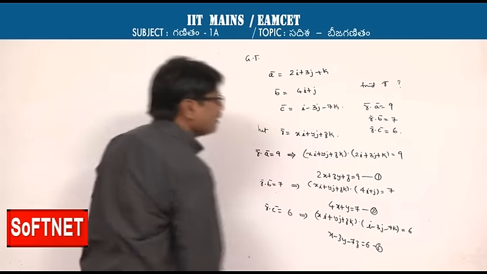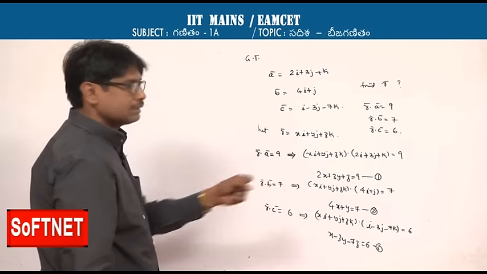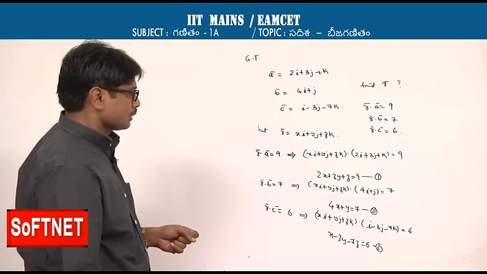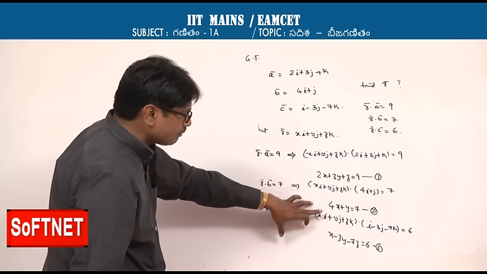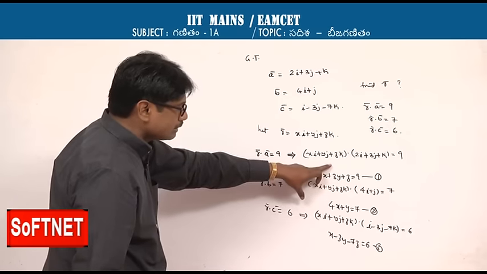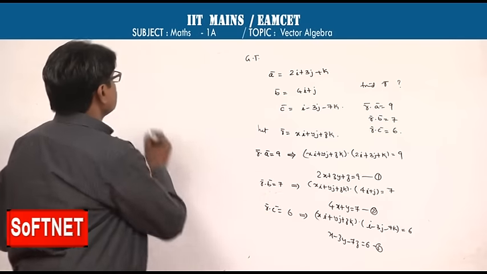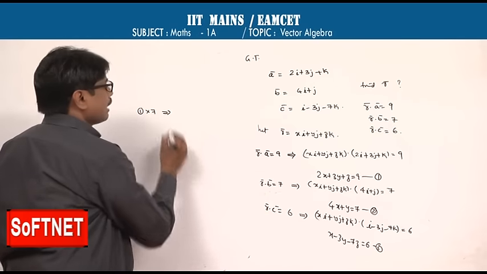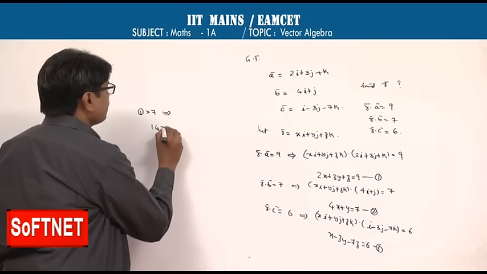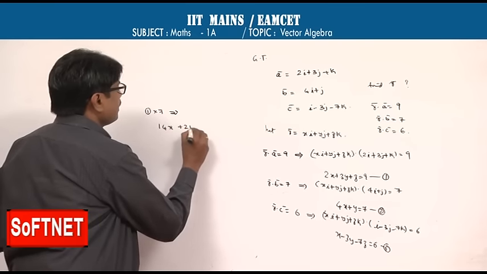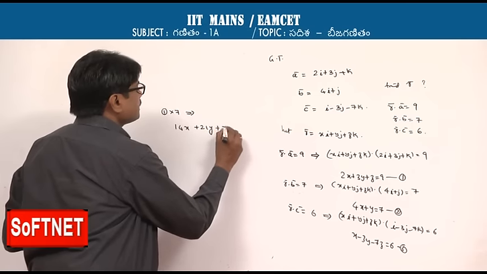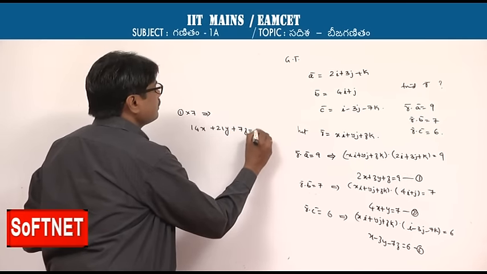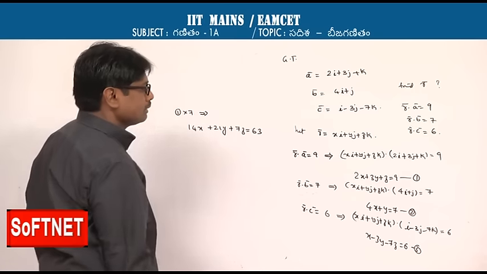Now we have to solve these 1, 2, 3 and obtain x, y, z. We already have an equation in x and y, so eliminate z. Multiplying the first equation with 7, we get 14 times of x plus 21 times of y plus 7 times of z is equal to 63. 7 nines are 63.